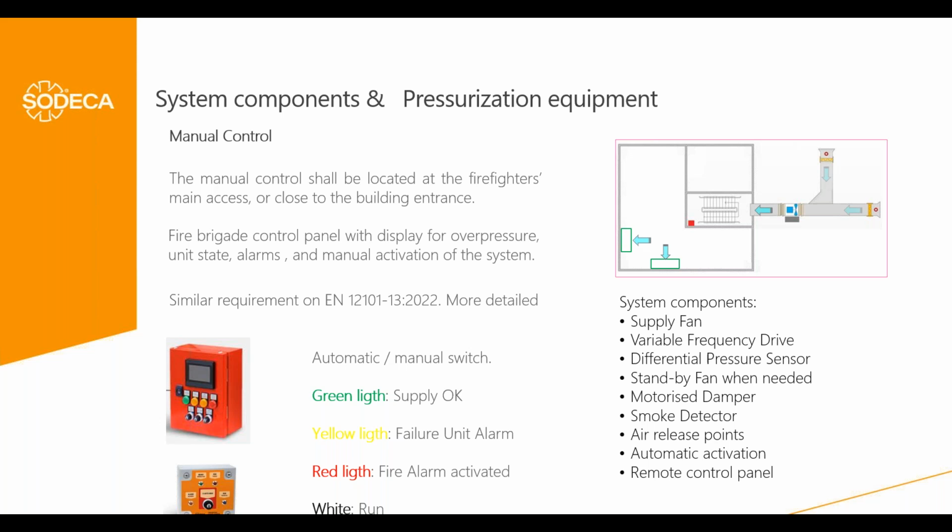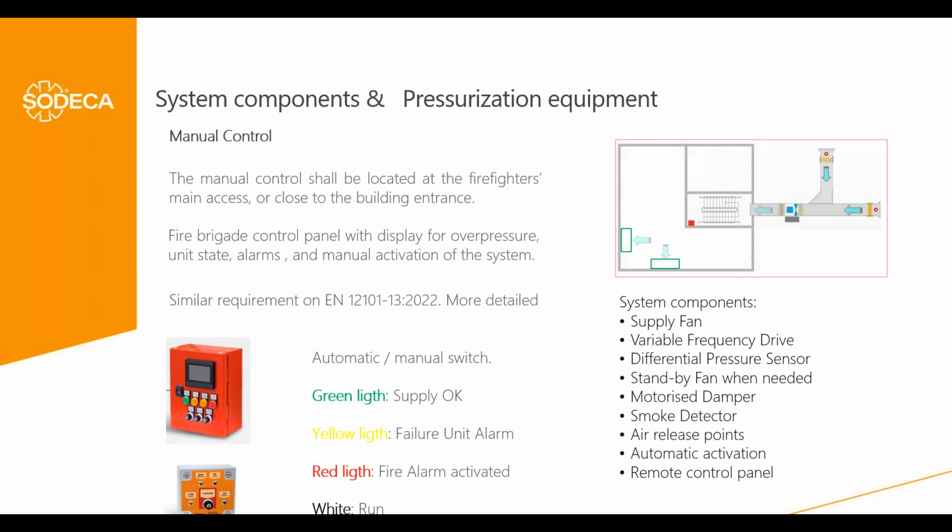This is the minimum requirement in terms of activation, and in terms of information, the standard requires a minimum of these 4 lights: a green light indicating that the system is supplied with energy and it's ready to be activated from the smoke detection; a red light when we receive the signal from the fire alarm and the system is activated; then a white light when the system is running; and an additional yellow light to indicate any failure of the system.